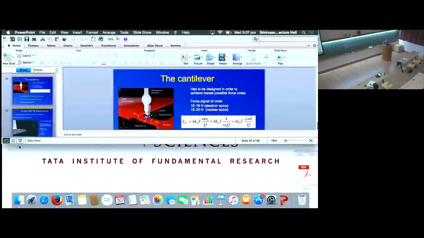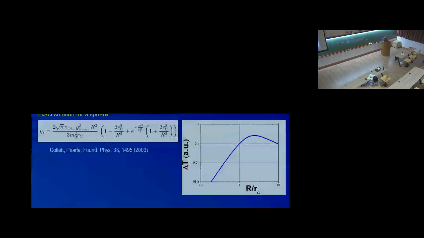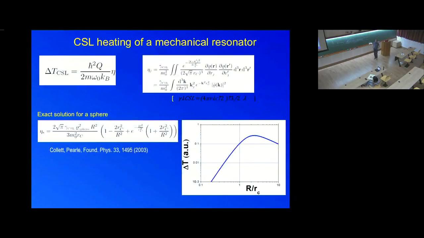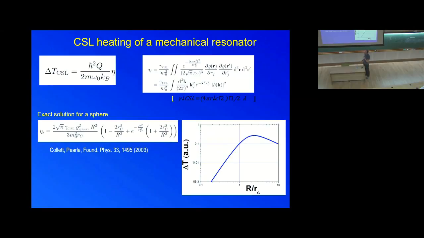Then you have to look at the formula. Assuming that we are doing the same experiment just by changing the sphere, for instance, what can one do? This is the dependence of the eta factor on the size. Here, what we have is the constant of the model, this geometrical factor, which follows basically this shape.